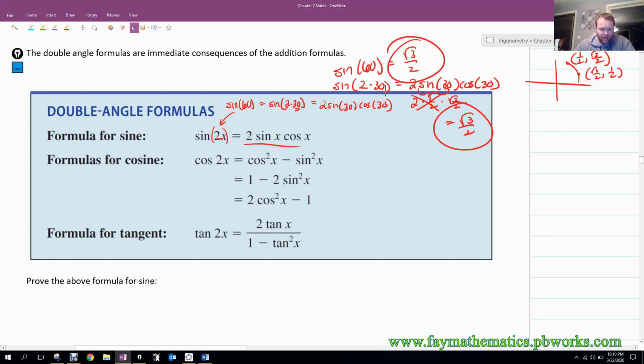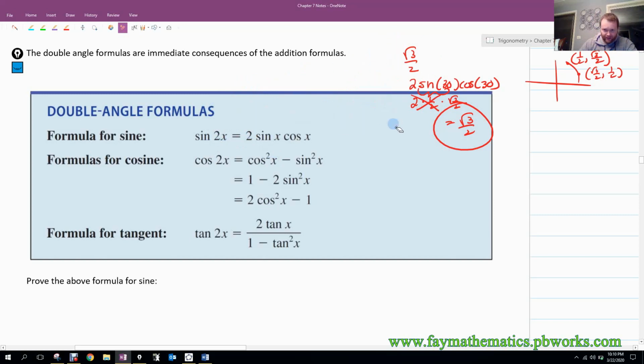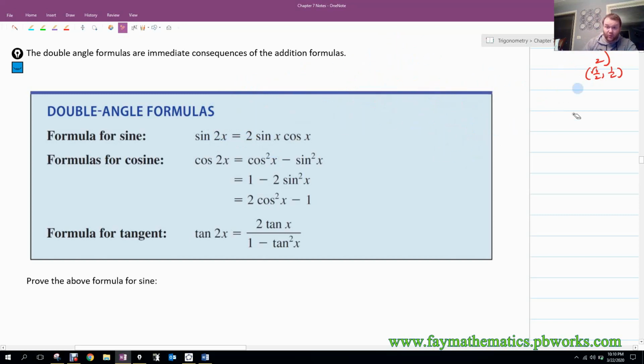So this is just a technique that allows us to look at angles like 60 or maybe even 120, find the sine of 120 now knowing the sine of 60, being able to double things.